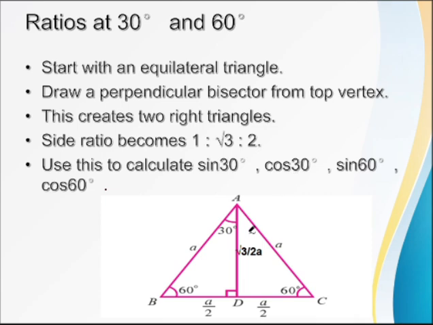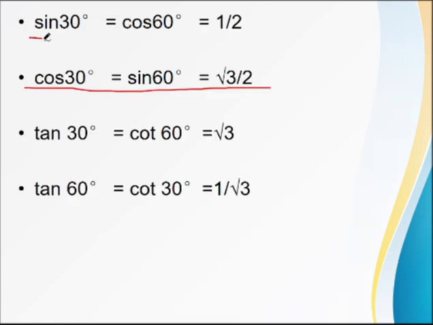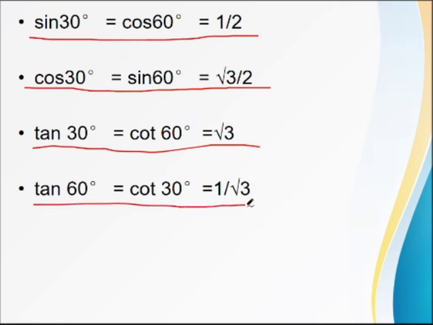Similarly, for sin 30 degrees it will be BD by AB, and for cos 60 degrees it will also be BD by AB. So sin 30 degrees equals cos 60 degrees equals 1 by 2. Similarly, tan 30 degrees equals cot 60 degrees, which is 1 by root 3, and tan 60 degrees equals cot 30 degrees, which is root 3.